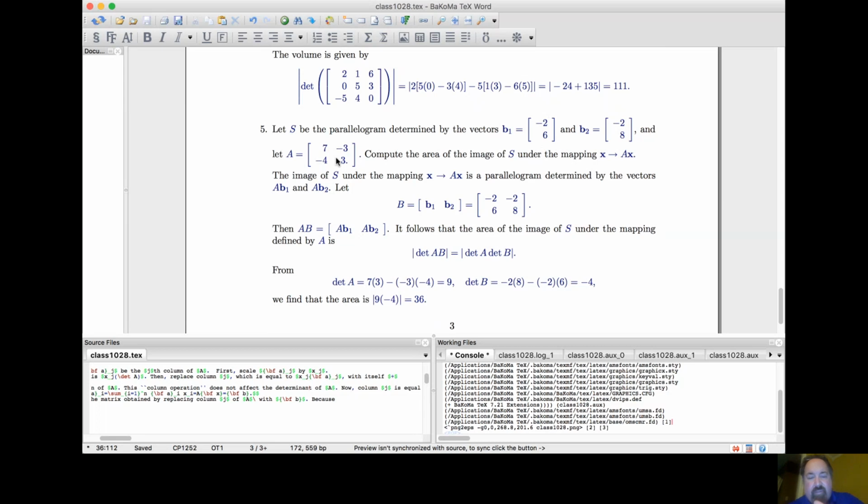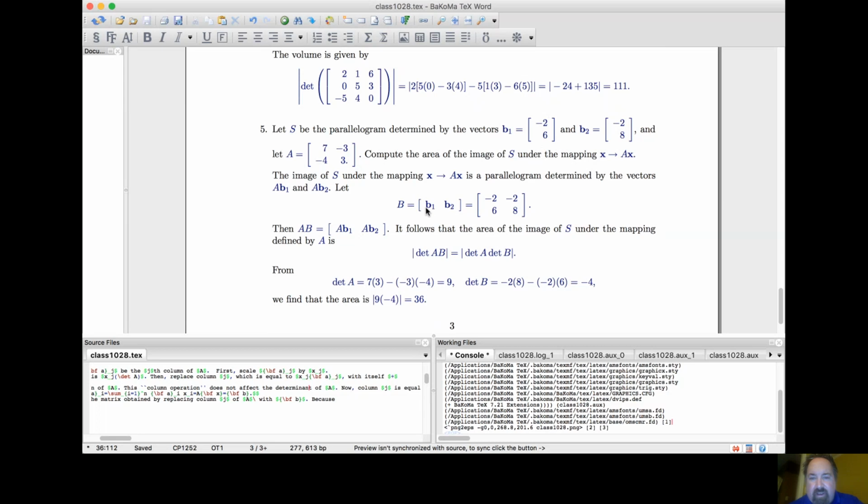Now, if you take a parallelogram and multiply it by a matrix such as this A, you get another parallelogram. So you want the edges of adjacent sides of that parallelogram. Now, how would that go?